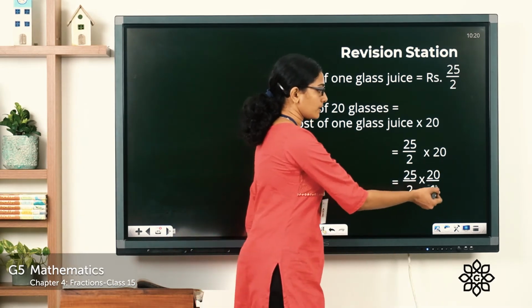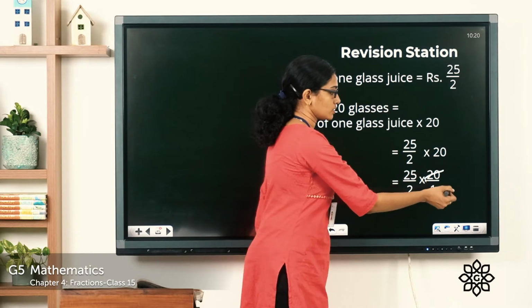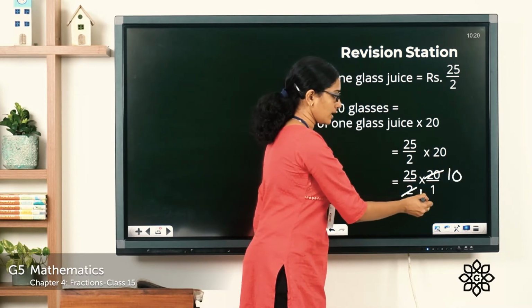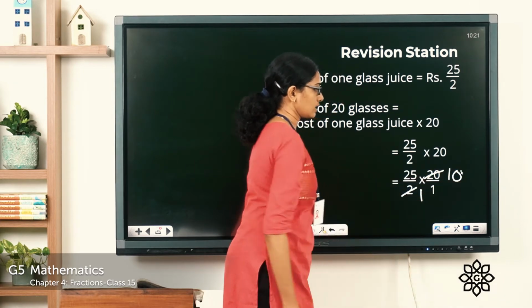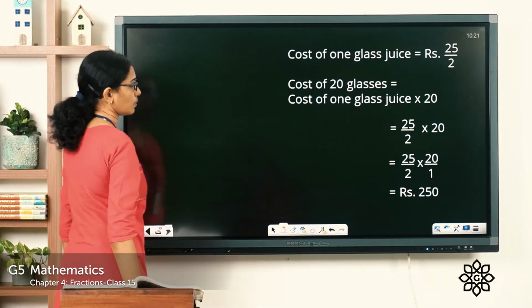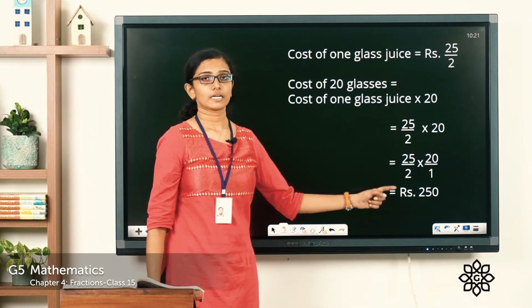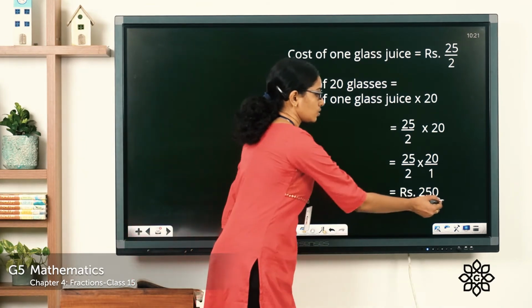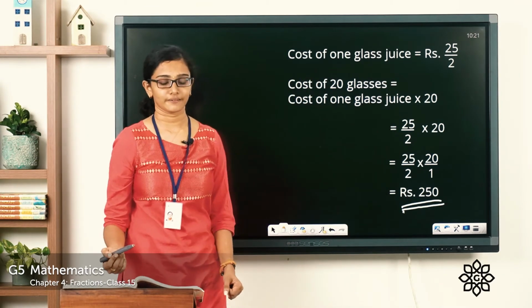Let's cancel out the common factors. 20 divided by 2 is equal to 10, and 2 divided by 2 is equal to 1. Again, any more factors? No. So 25 into 10 by 1 into 1, that is equal to 250. So the total cost of 20 glasses of juice would be rupees 250.